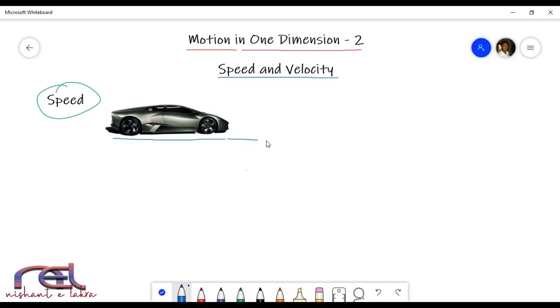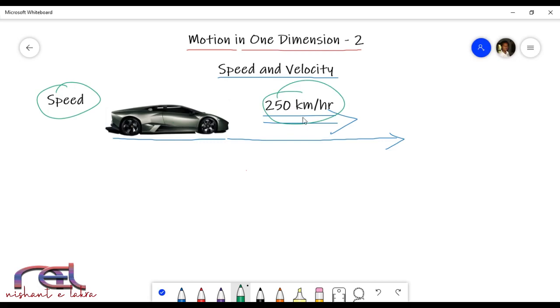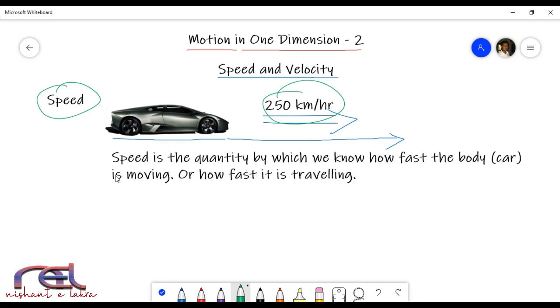Let's say that there is a car and this car is traveling. It's moving fast. Let's say that it is moving at 250 km per hour. It's quite fast, right? So by this we understand what speed is.